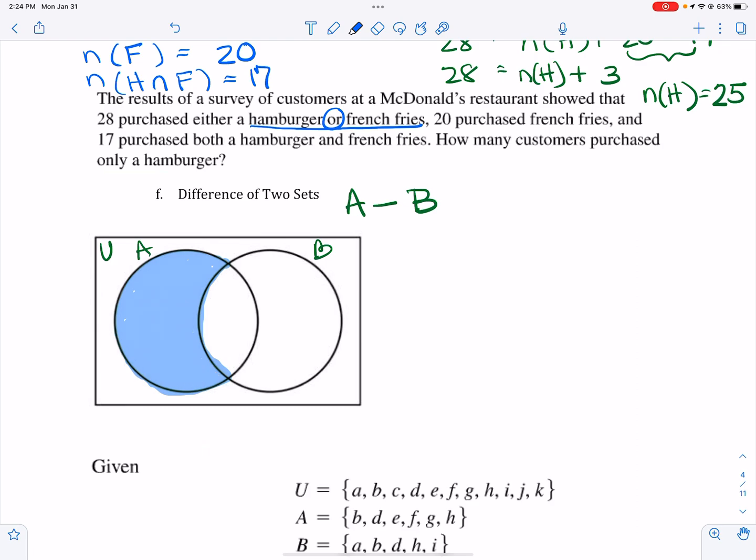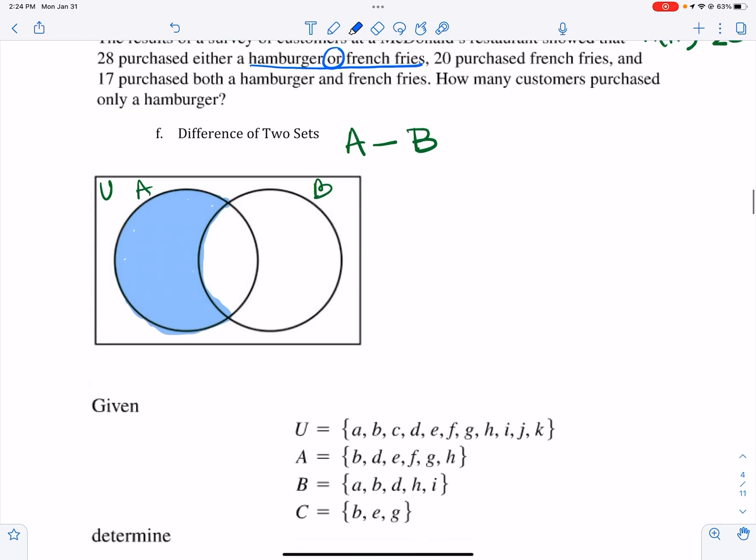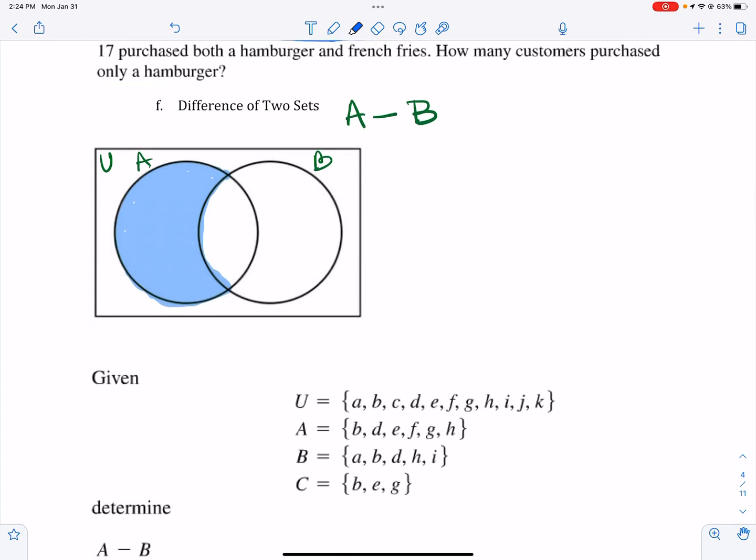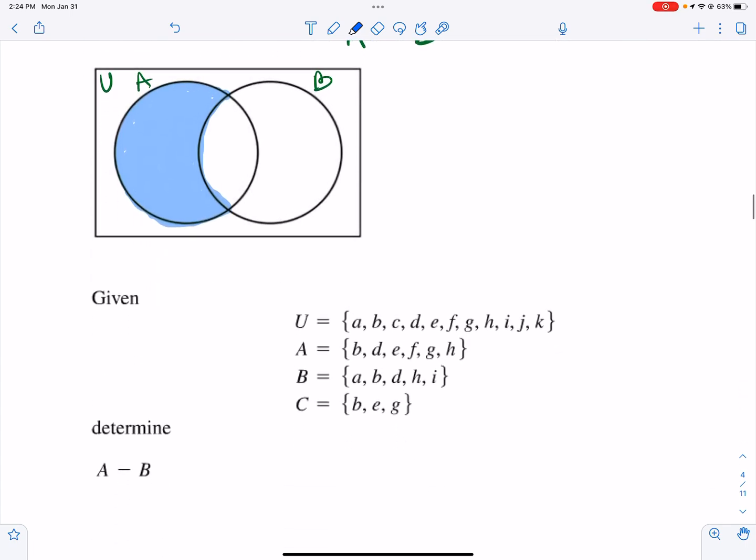So remember, you can't take something out if it's not there. So I want to look at this example right here. And you can do this, you don't necessarily have to do this with a Venn diagram. So what I like to recommend that you do is write your set A, B, D, E, F, G, H. Okay, that's given.